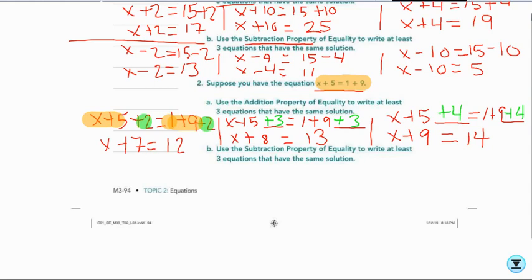My last problem says to use the subtraction property to write at least 3 equations. So the first one I'm going to do, I could say x plus 5 and something is equal to 1 plus 9 and then something.